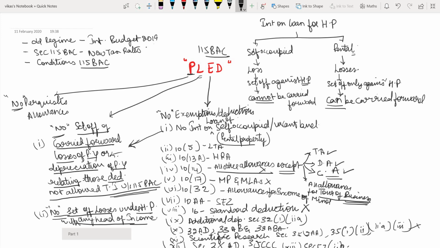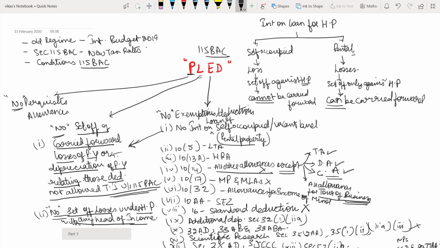Then the last point is all the Chapter VI-A deductions. Note it over here, the 14th point is very important. All the Chapter VI-A deductions except 80CCD, that is the NPS, and 80JJAA, that is the expenses incurred for increase in the employees, are not allowed.